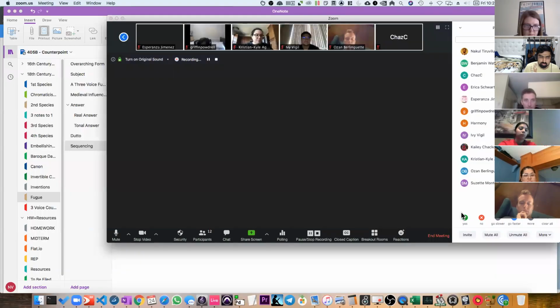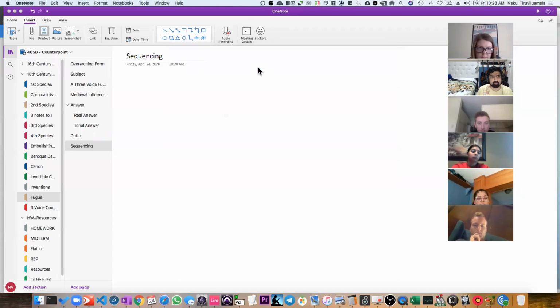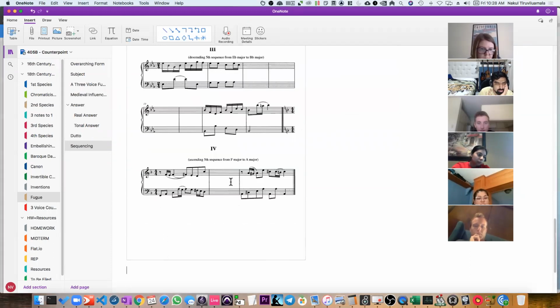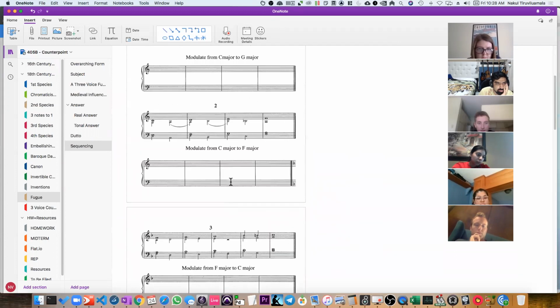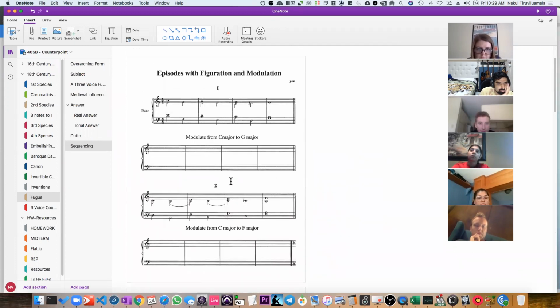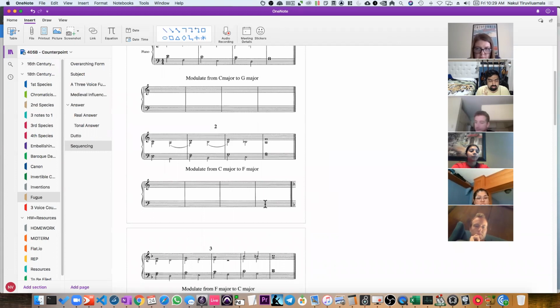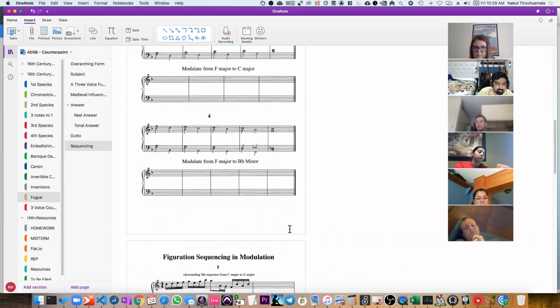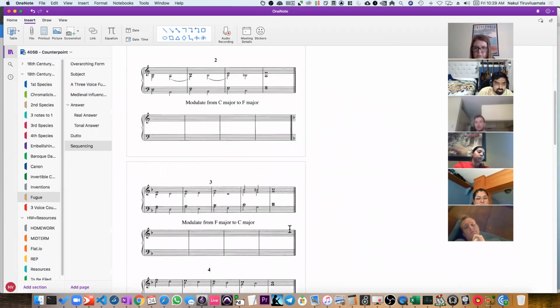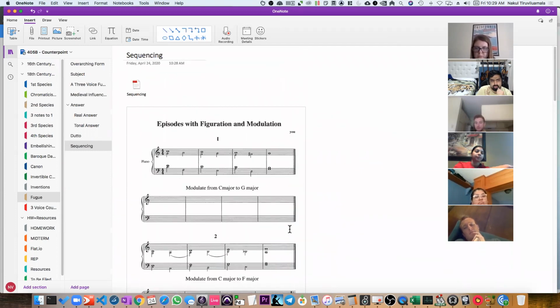All right. Okay, so there's some juicy stuff in here regarding sequencing. What's useful about some of these sequencing scenarios is that, well, some of these are useful, but I think a really useful thing is to modulate from the 5 to the 1.